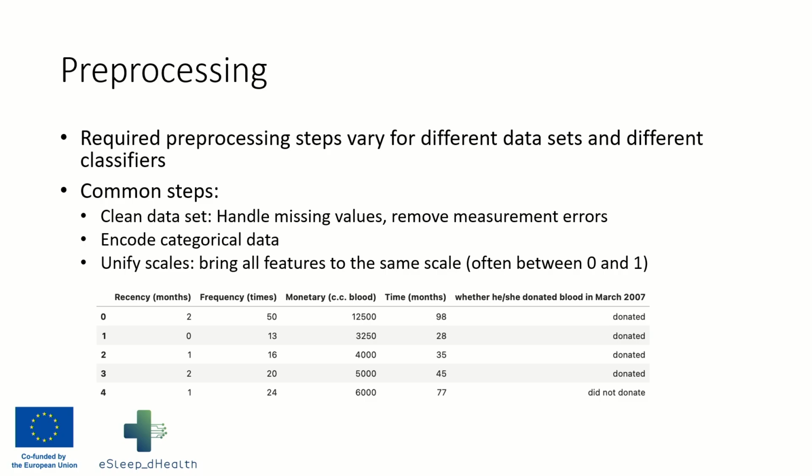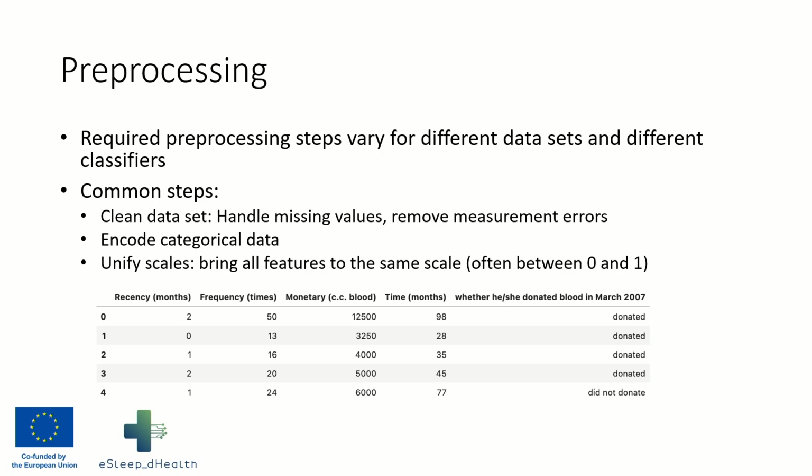That we can already see here ranges between 3,000 and 12,000. And the problem in many machine learning models is that the higher numbers kind of overshadow the smaller numbers, even though they might be equally important. So the recency is just as important in this model as the monetary value. However, it is 10,000 times higher just in the scale. And that's why it could mess up the importance of these features in some models.